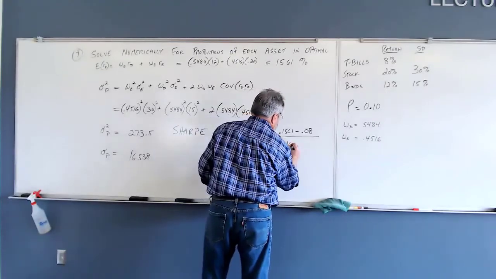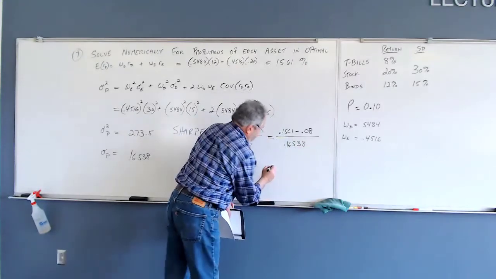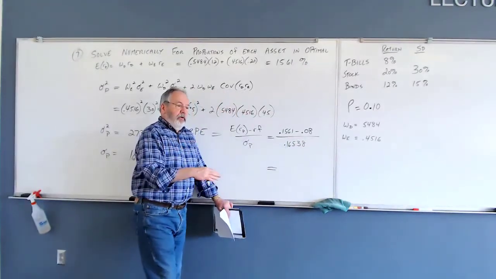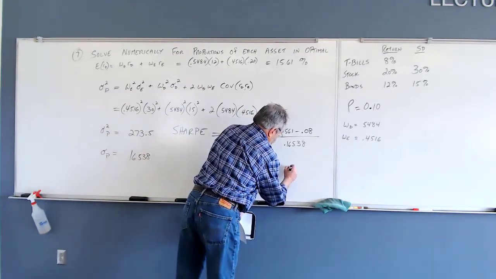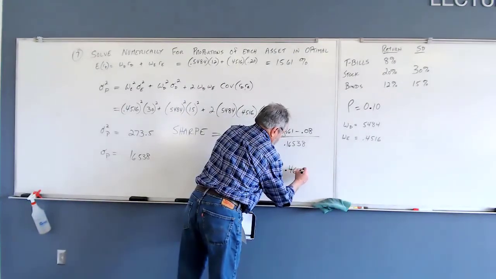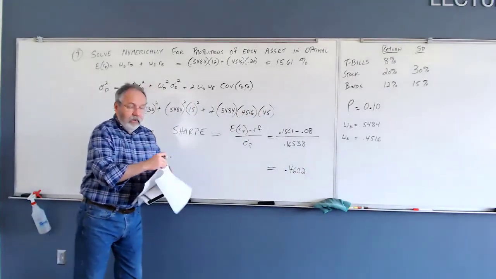The Sharpe ratio of the optimal portfolio is 0.4602. Okay?